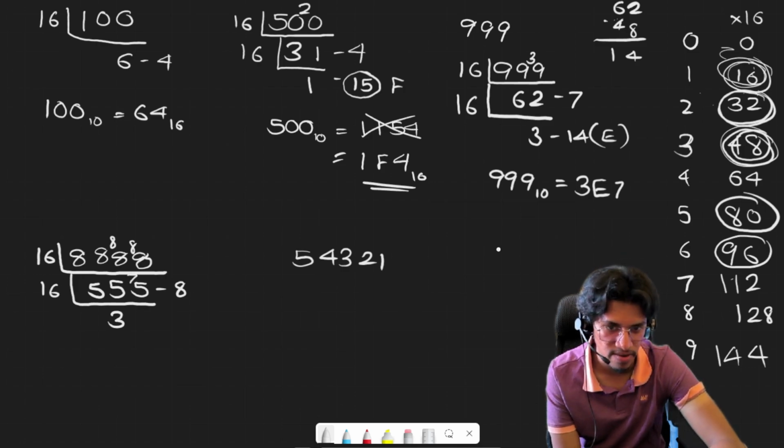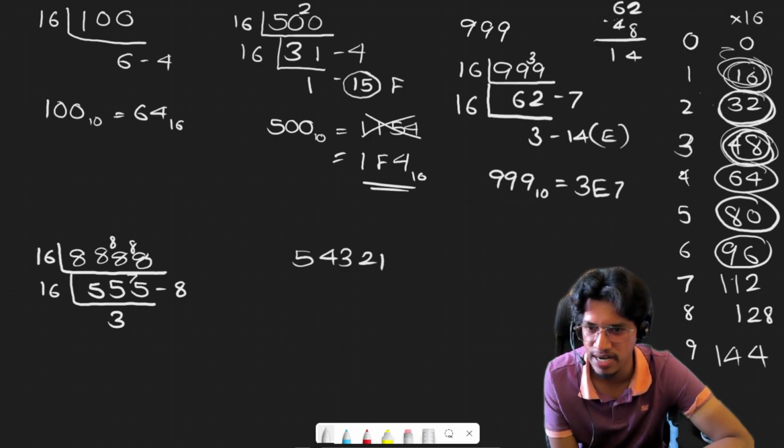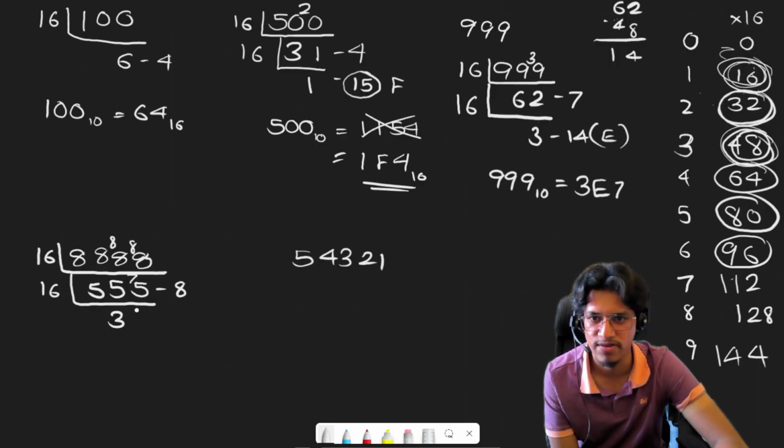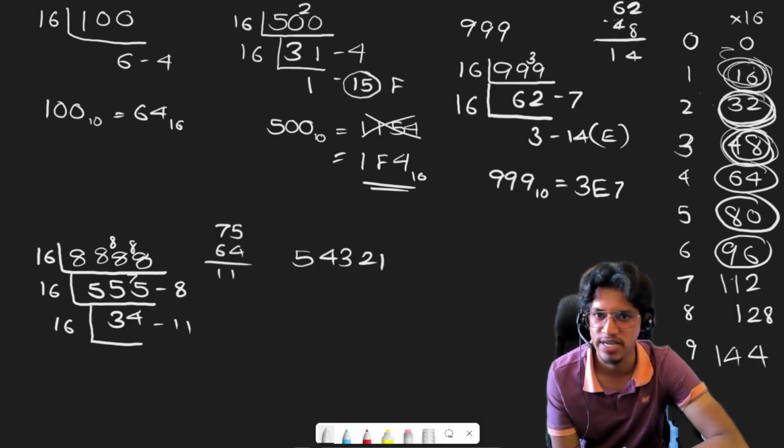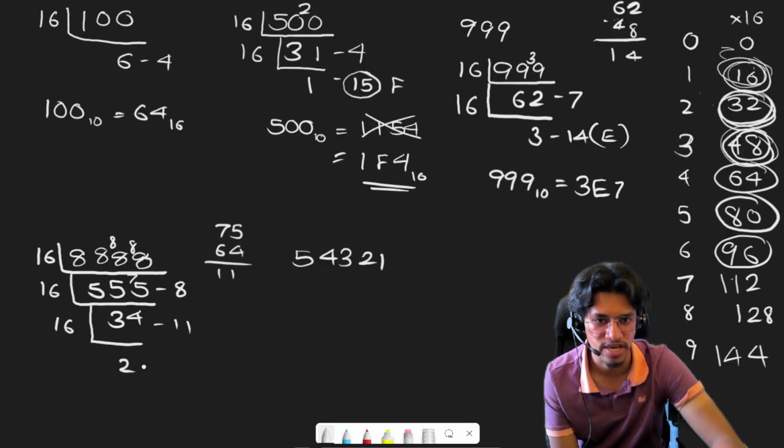So 75. For 75 we get 64, right? For 64 we get 4, and then 75 minus 64 is 11. 11 balance, and now we can have another step. So 16. 34 is actually, we get 2 here, and we get 34 minus 32, we get 2 balance.